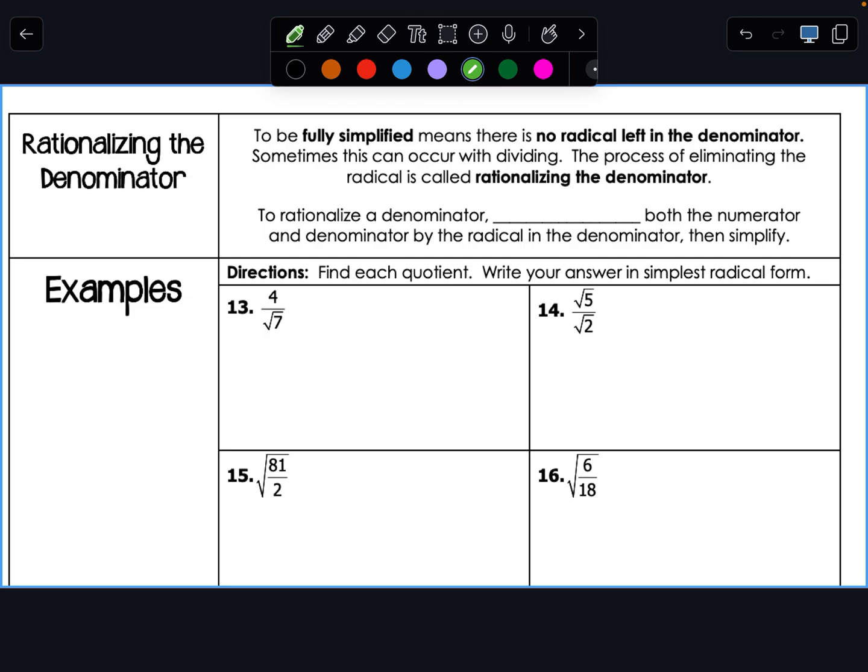So in order to get rid of a radical from the denominator, we have to do what we call rationalize the denominator, which is when we multiply the top and the bottom of your fraction times the radical from the denominator. This little blank right here says to rationalize a denominator, multiply both the numerator and denominator by the radical in the denominator. Then we will simplify a little further.